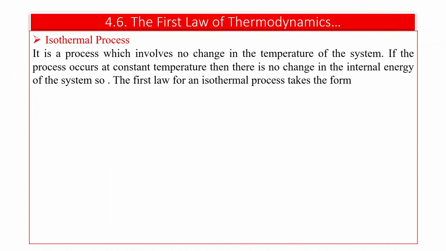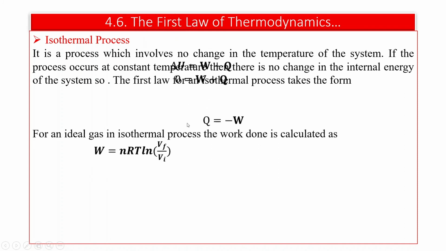It is a process which involves no change in temperature of the system. If the process occurs at constant temperature, then there is no change in the internal energy of the system. So the first law for an isothermal process takes the following form, where the change in internal energy is equal to the work plus Q value.